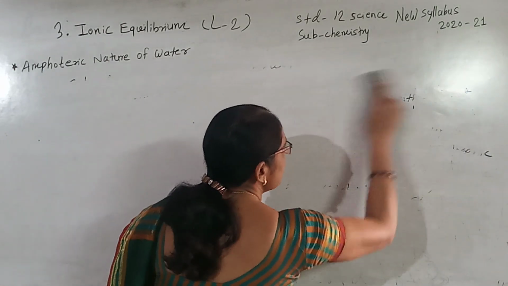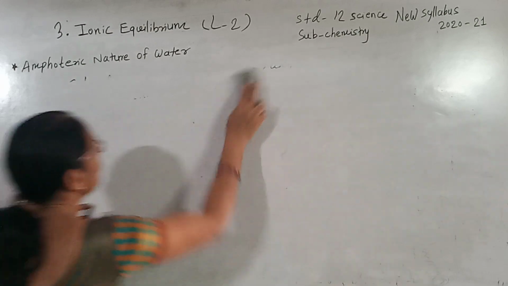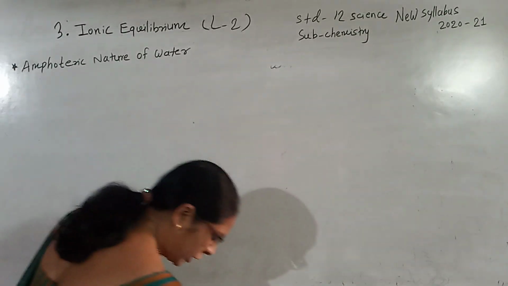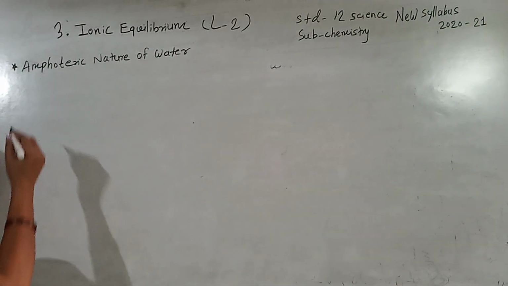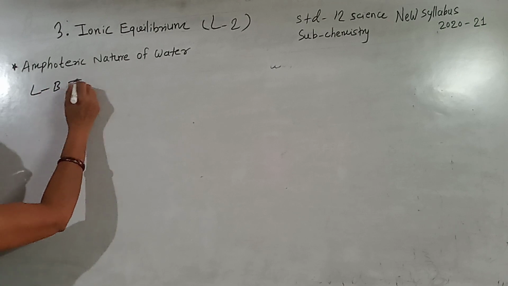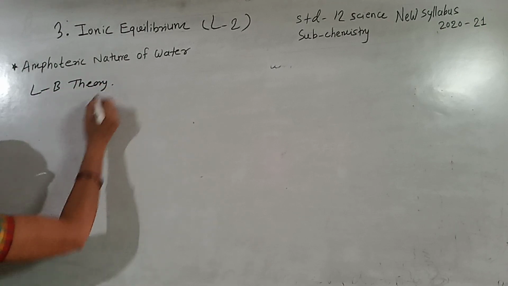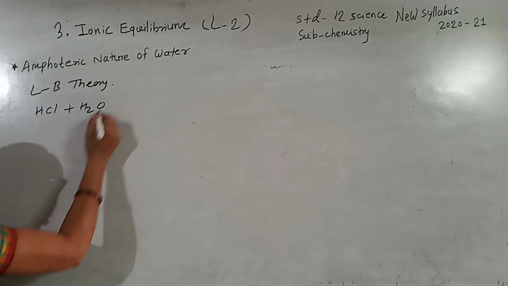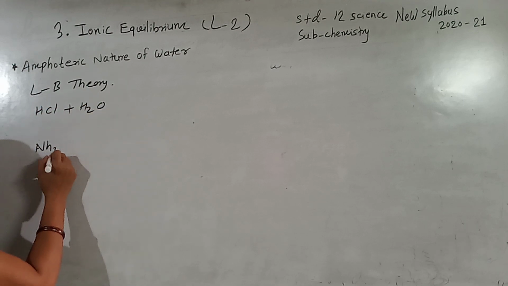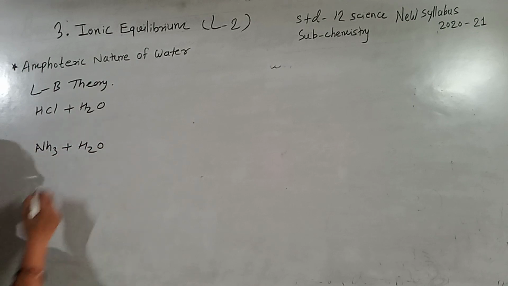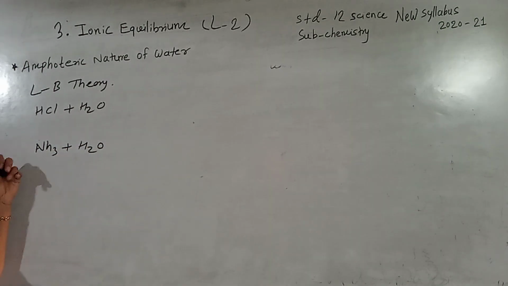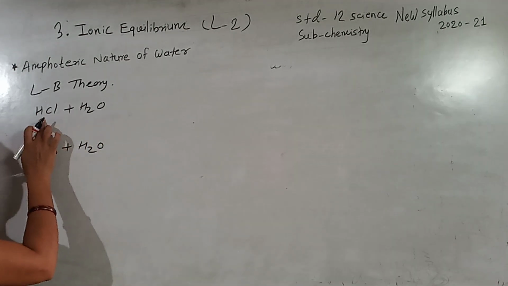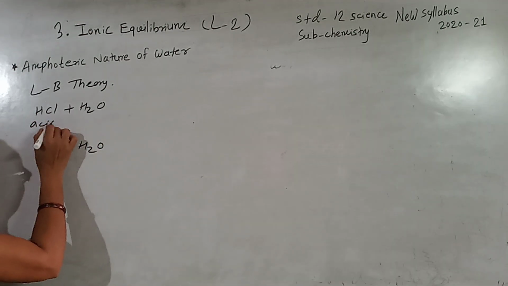Now in the last lecture we considered the Lowry and Bronsted theory. According to this theory, we consider HCl reacted with water and ammonia reacted with water. By using this theory we can explain the amphoteric nature of water. When water reacts with HCl, HCl is the acid.